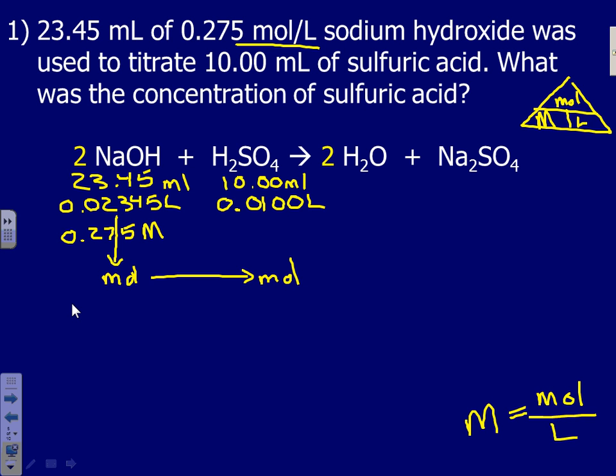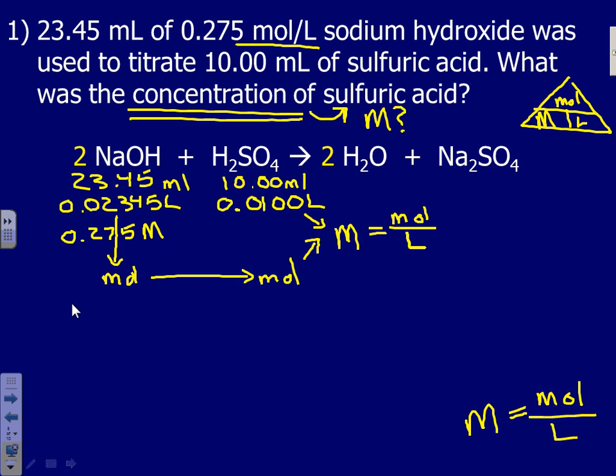Now, the question asks, what's the concentration of sulfuric acid? In other words, what's the molarity, capital M? Once we figure out what the moles is, we can put it into the moles. Here we know the liters, we can put it into the liters. So taking this information, we can find the molarity because that's going to be equal to moles divided by liters.